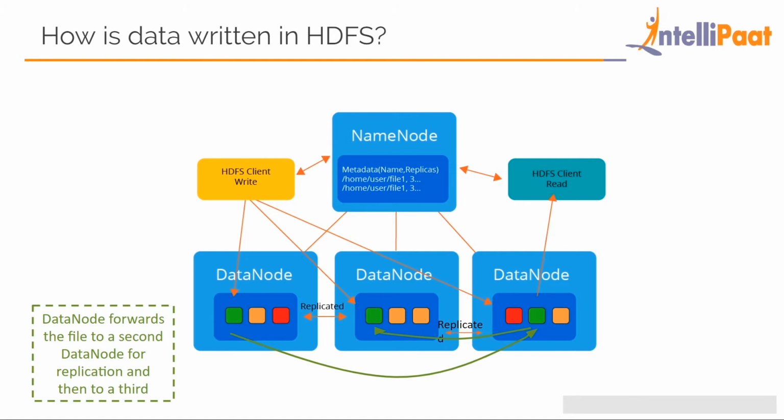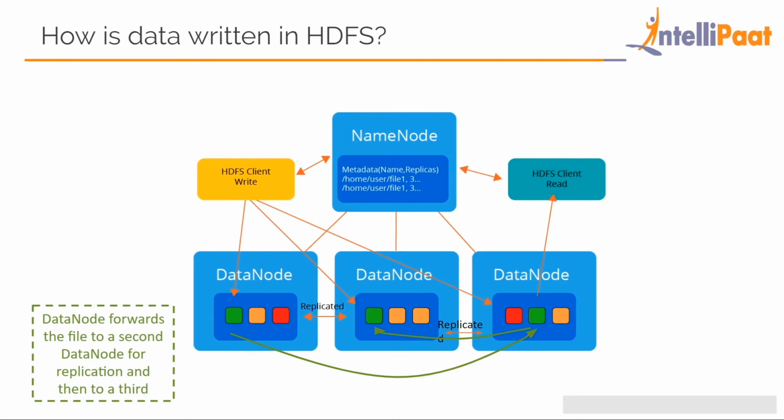So what does that mean? We have 3 colors: green, orange, and red. As we can see, these particular blocks of data are replicated across all of these 3 nodes. Once the client writes that data to the closest data node, these blocks are replicated on other data nodes as well.